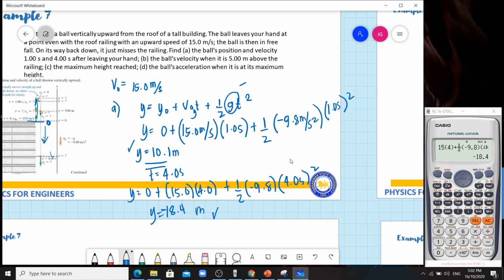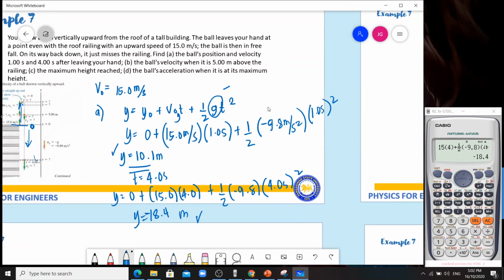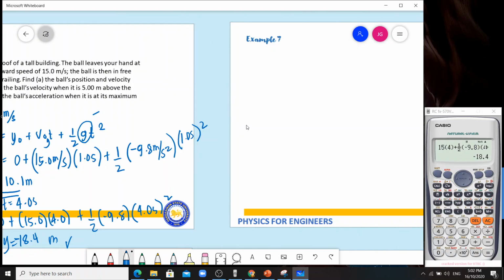Okay na yan. Ball's position and velocity. Yung velocity pa pala. Masusolve natin yung velocity dito na lang sa kabila. Gamit ang v is equals to v0y plus at or gt, okay, which is negative.